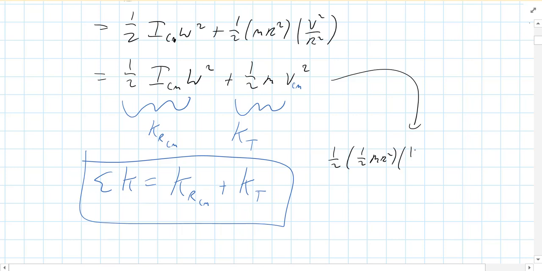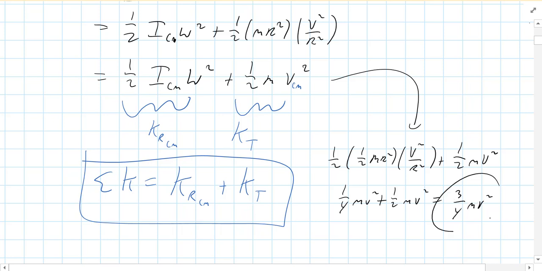Omega is V over R, so this becomes V squared over R squared. And then plus we have the second term, which is just 1/2 m V squared. And you'll notice that again, the R's drop out here on the left side. So you get 1/2 of 1/2, that's a quarter m v squared, plus 1/2 m v squared, which is 3/4 m v squared.